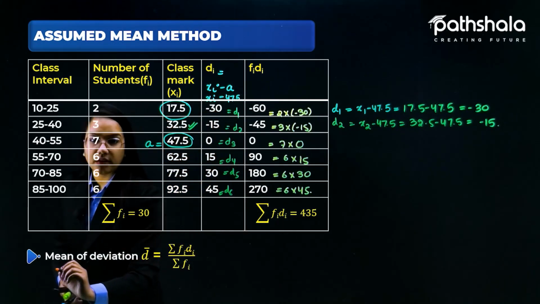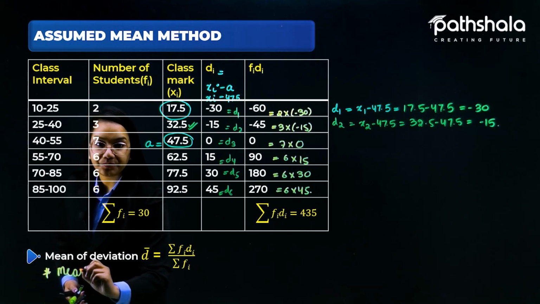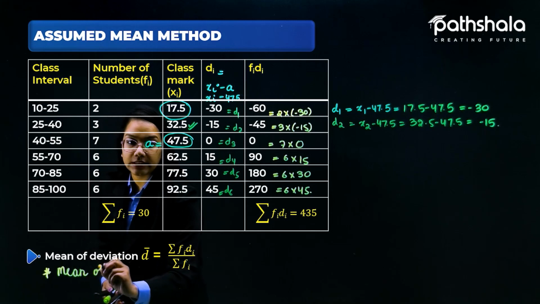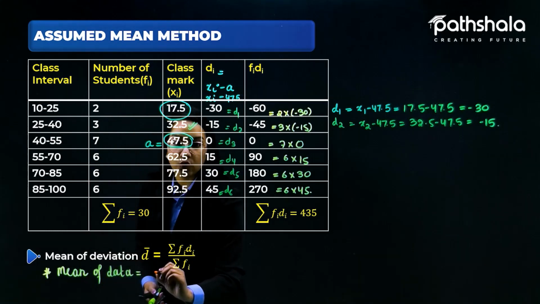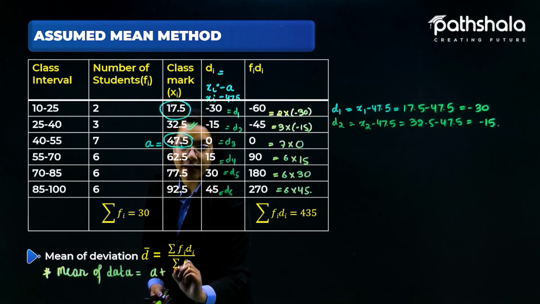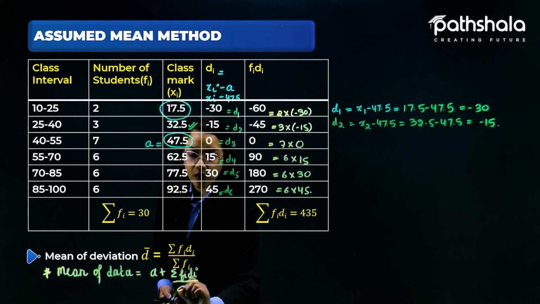How can we find the mean? The formula for the mean of the data should be equal to A plus sigma Fi Di divided by sigma Fi.